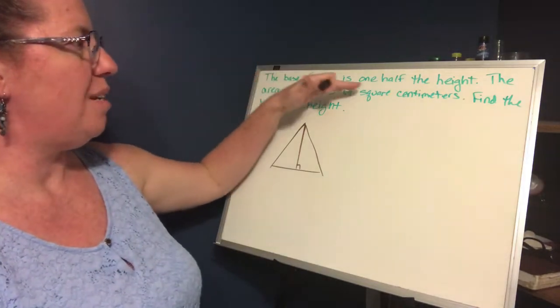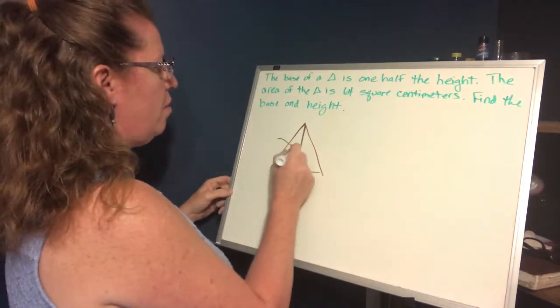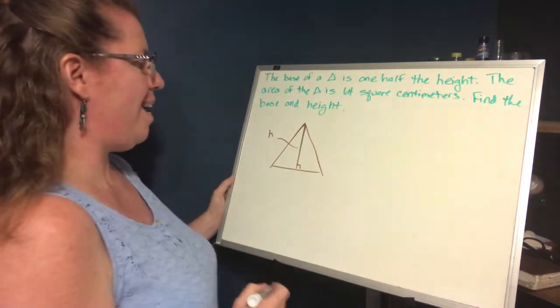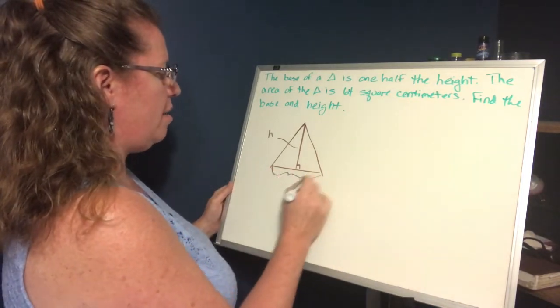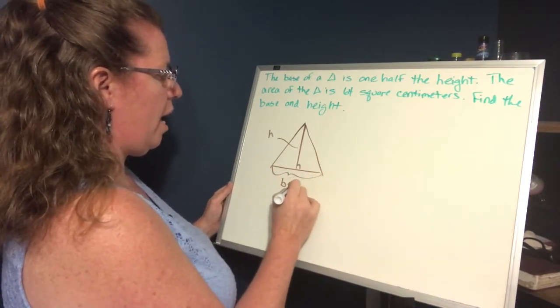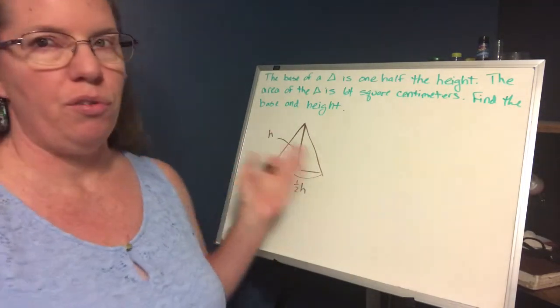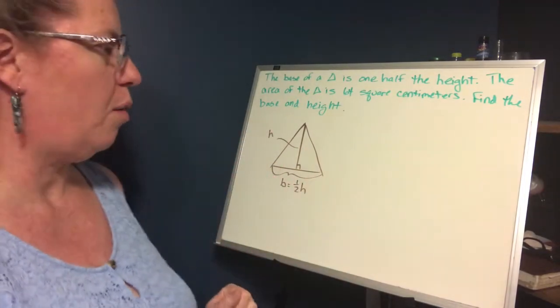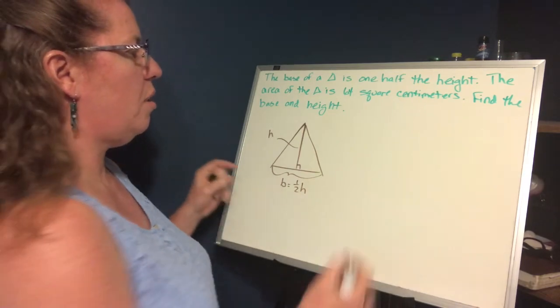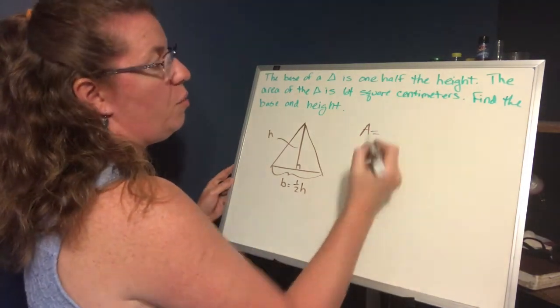We know the base is 1/2 the height, so if this is my height, h, then we know my base is half the height, or 1/2 h. Now we don't have two variables, and this is going to help us solve our equations. We start with the formula, or start with the amount.